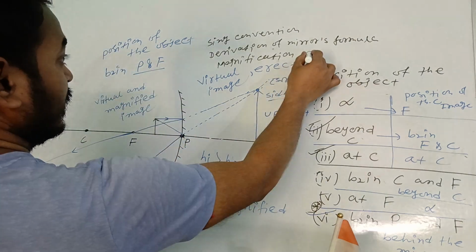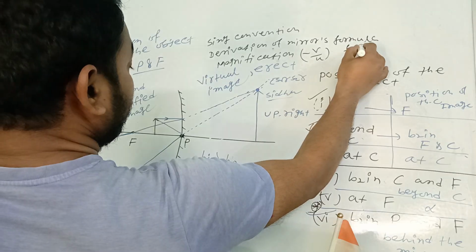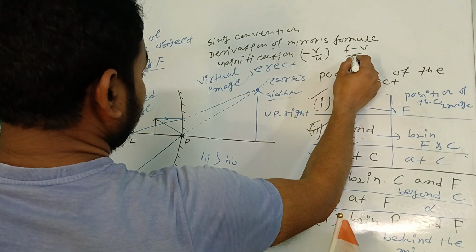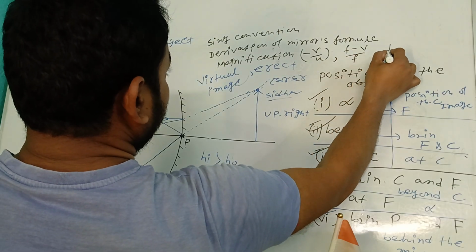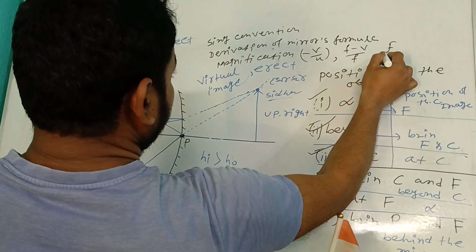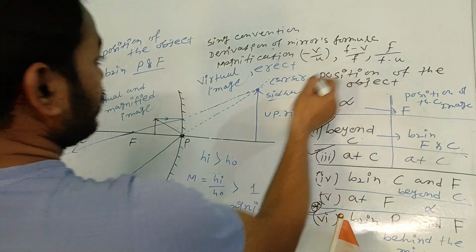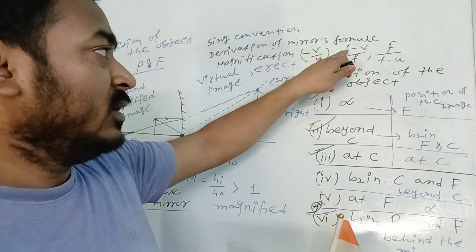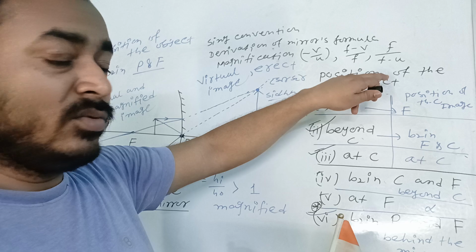that is minus v by u, then f minus v by f, and f divided by f minus u. So we will derive this: minus v by u, f minus v by f, or f by f minus u.